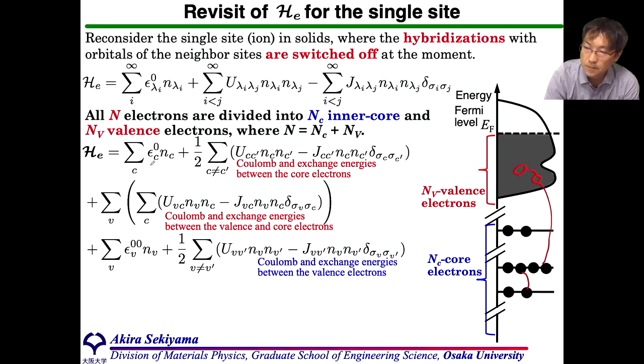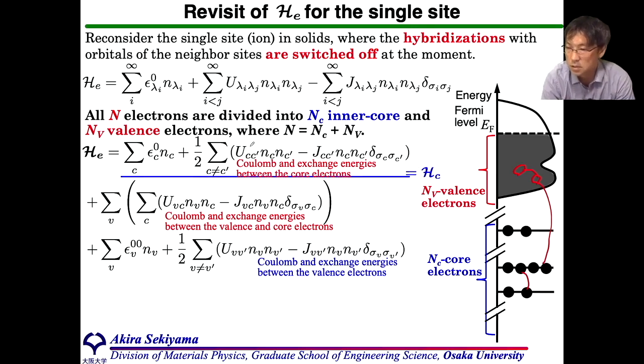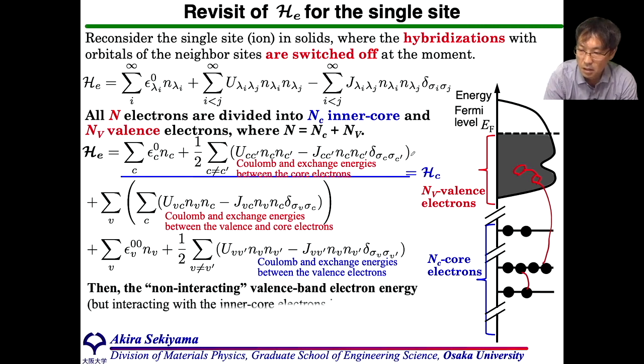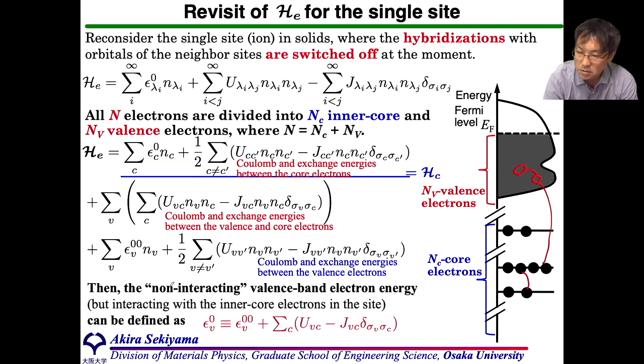Then the first two terms represent only the core level. Therefore, we can summarize these two terms as Hc, that means the Hamiltonian for core electrons. And we can also redefine the non-interacting valence band electron energy, that means interacting with the inner core electron in the site.